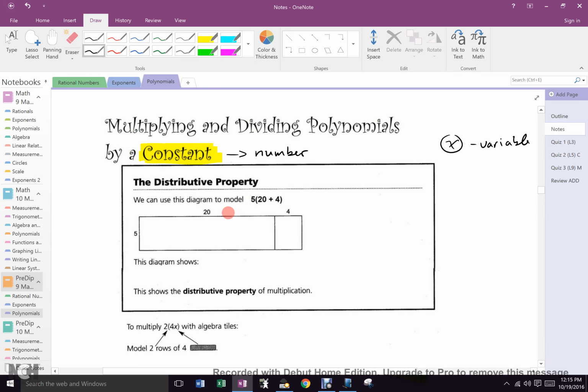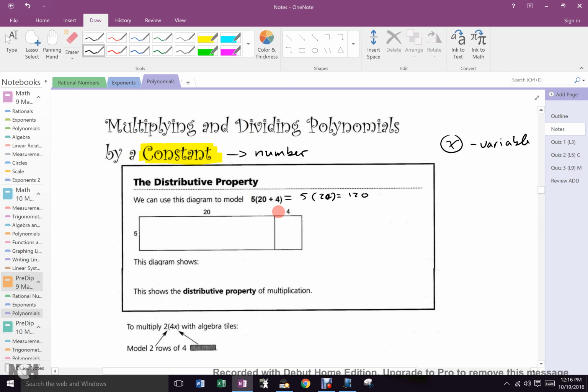So you guys already know this. We can use this. What would you do mathematically to solve that? Brackets first. So you do 5 times 24, which would be 120, yes? Now, this diagram shows another way to do that. 5 by 20.